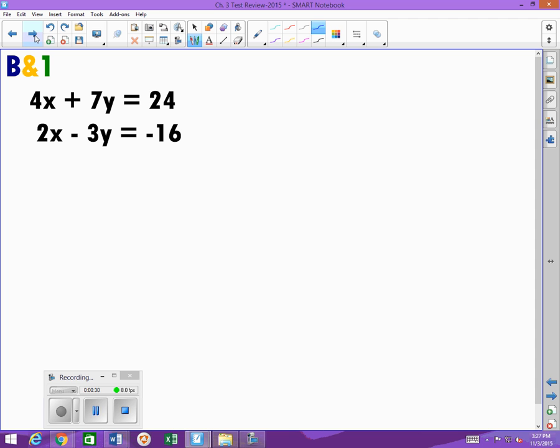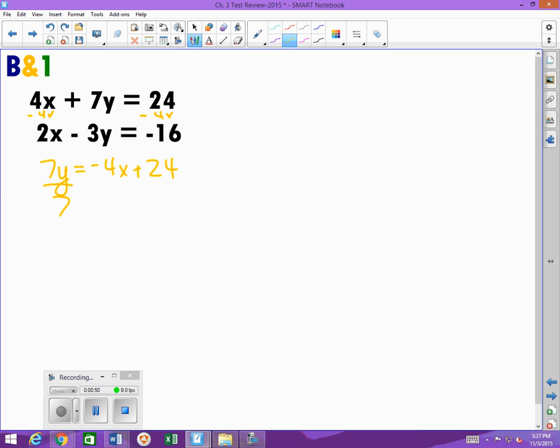So, solving this, if you have your graphing calculator, one way you can do this is to put it into your graphing calculator. You could use substitution or elimination to do this one as well. But if you have your calculator, you can solve for y in both. Subtract 4x to get 7y equals a negative 4x plus 24.